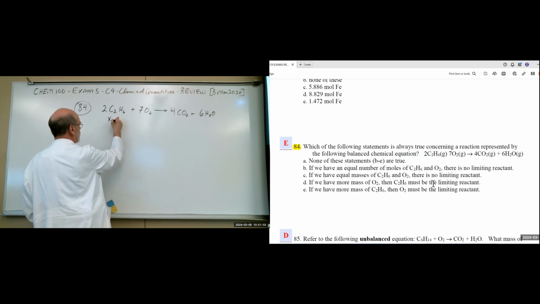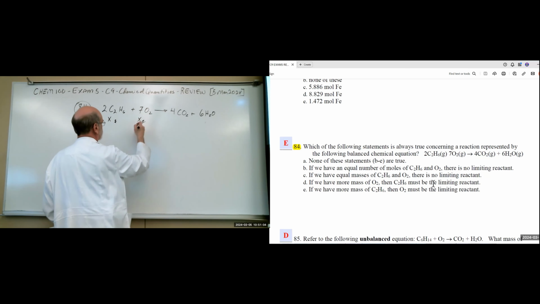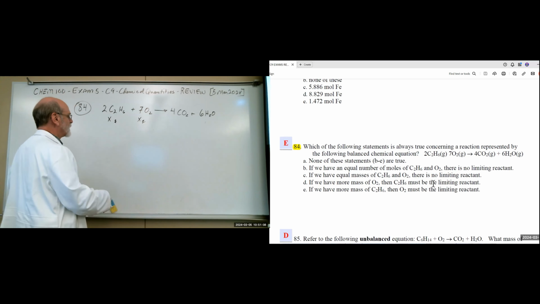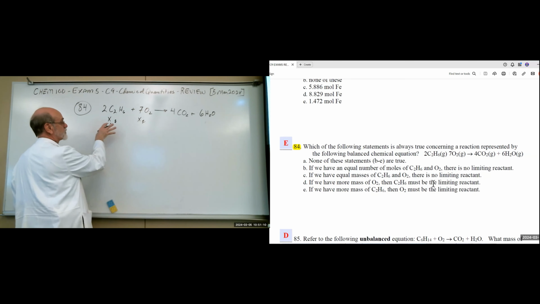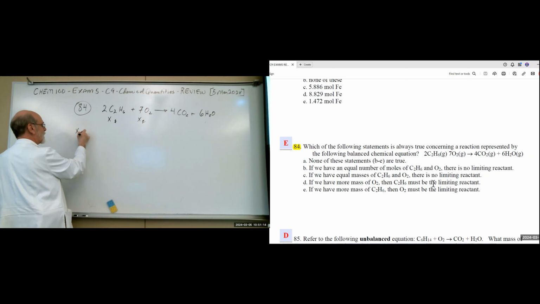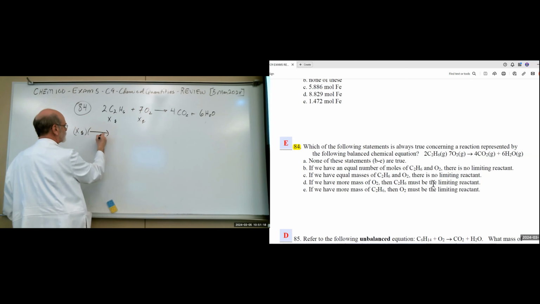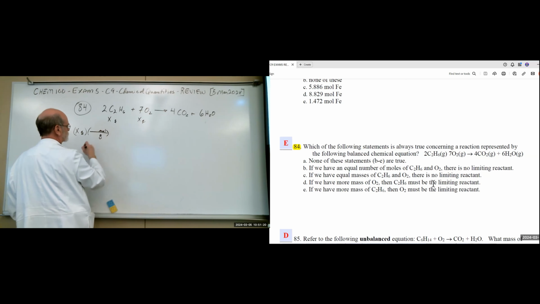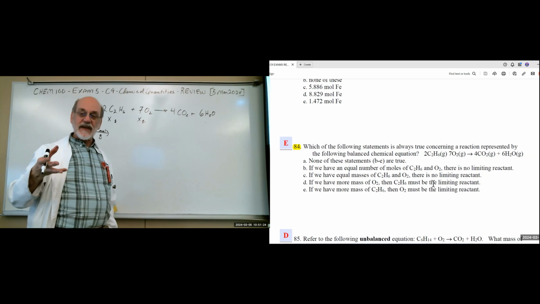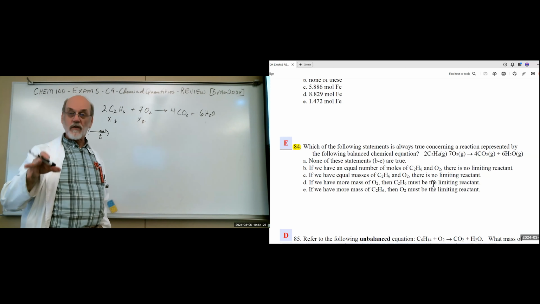So we have X grams here and X grams there. Same masses. How many moles does that represent? What's the ratio of moles? Well, if we say X grams of C2H6 and convert that to moles, because you can't say anything about mass unless you know the moles.